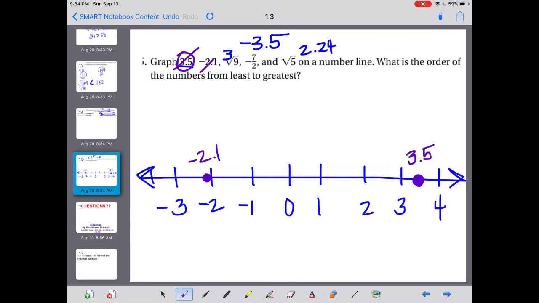Then we have the square root of 9, which is actually a positive 3. We have negative 7 over 2, which is negative 3.5. And last but not least, we have a positive square root of 5, which we discovered was 2.24.